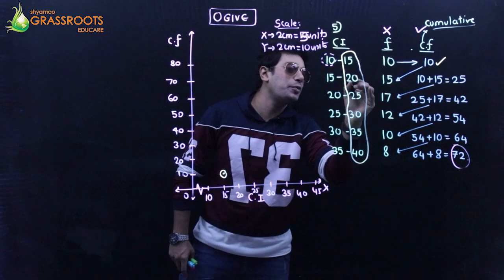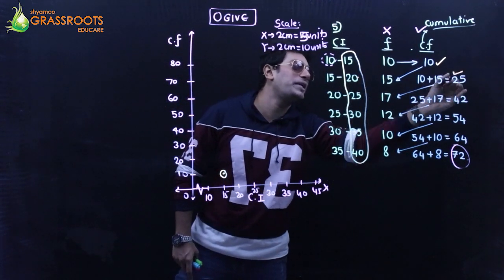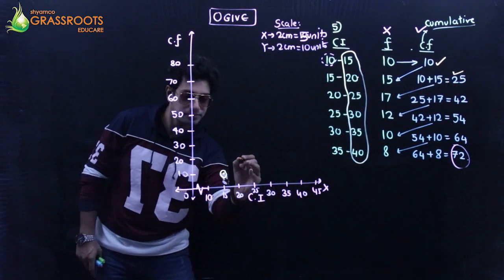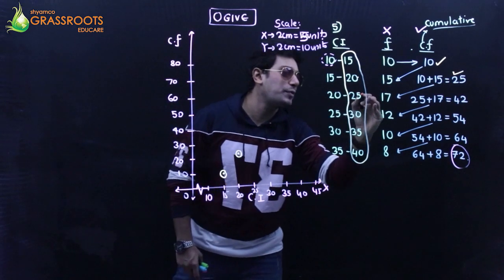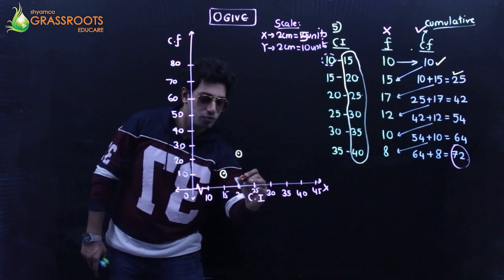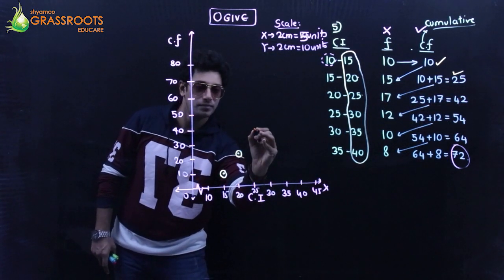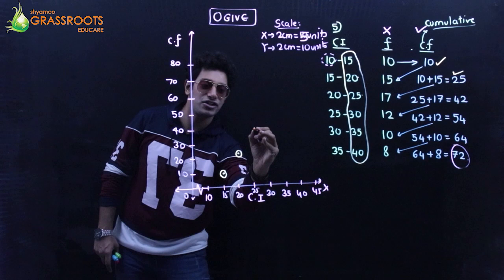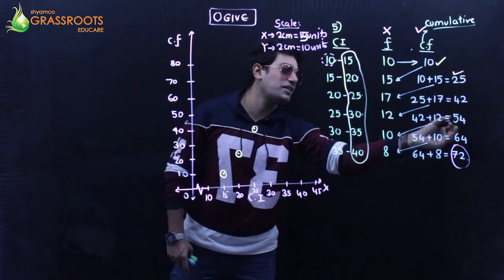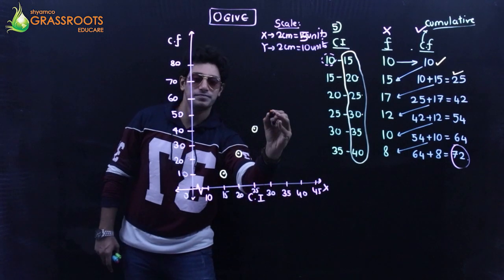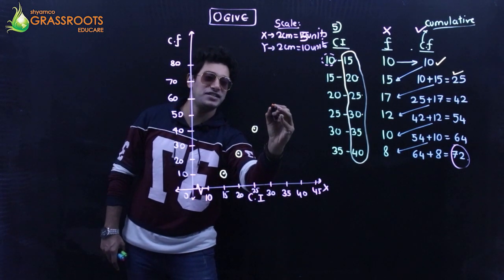Second, at 20, the marking should be 25. At 25, the marking is 42, between 40 and 50. At 30, the marking is 54, between 50 and 60.